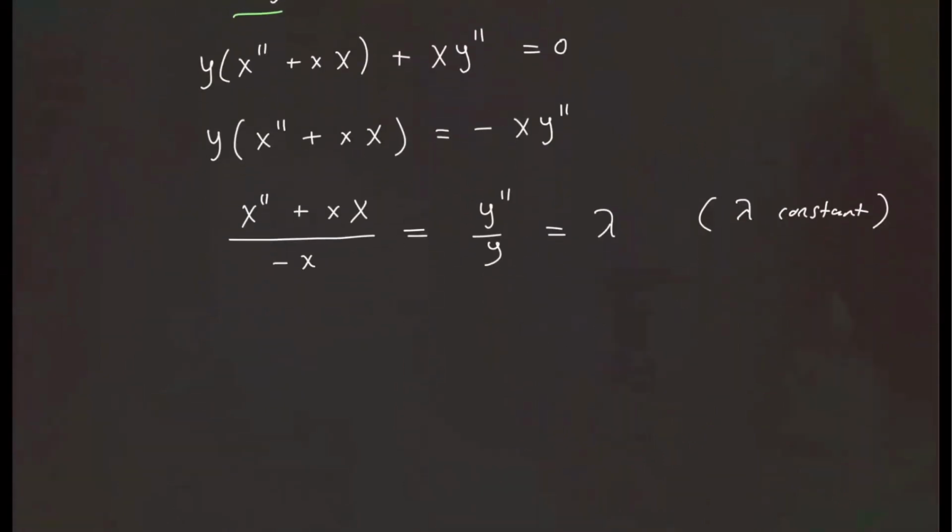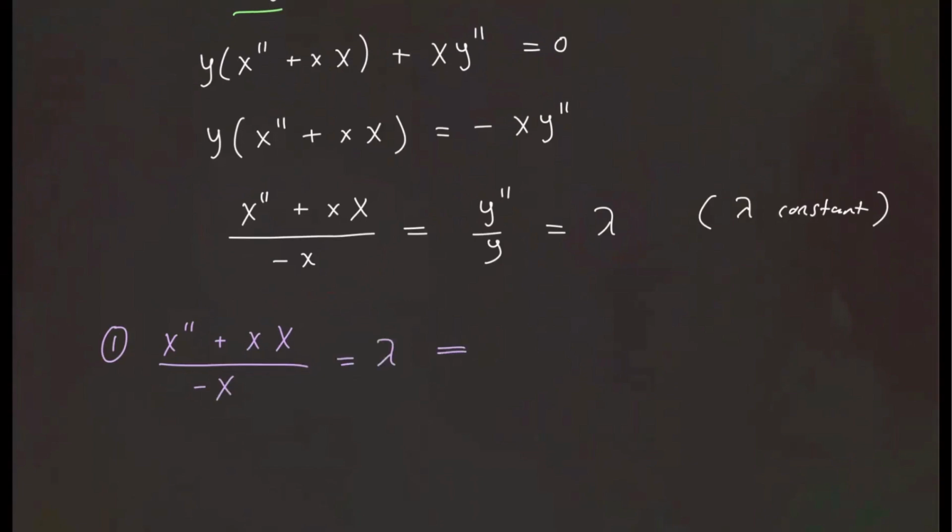All right, so now we split it up into two separate equations. We'll have this equal to lambda, and then we'll have the Y variable equal to lambda. So one ODE would be the following. You'll have X double prime plus little x big X over big X negative equals lambda multiplied by negative X. So you'll have X double prime minus little x big X plus lambda big X equals 0.